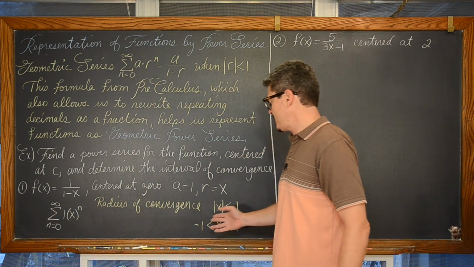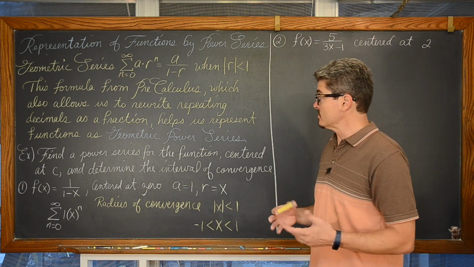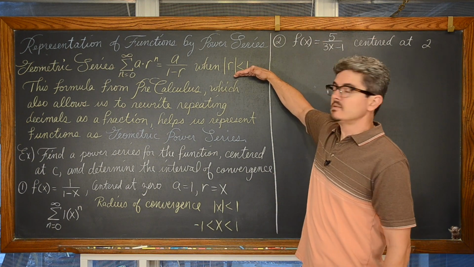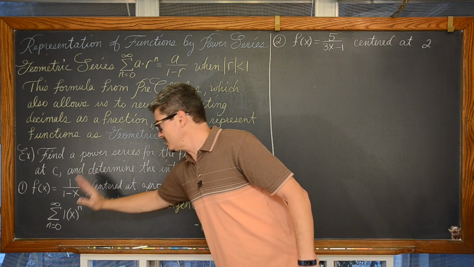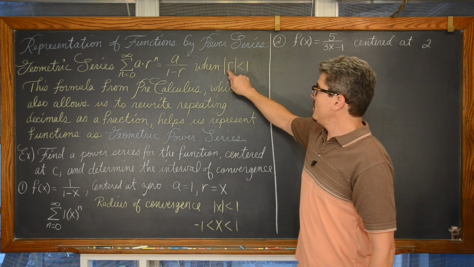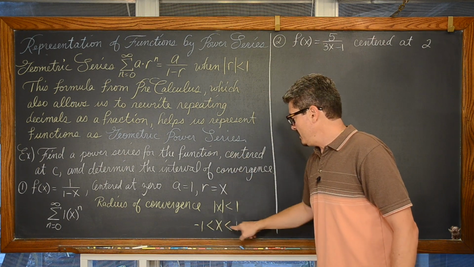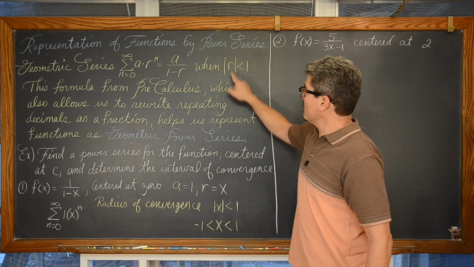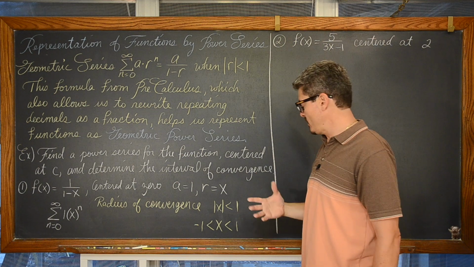Now, we don't need to test the endpoints of this radius of convergence to find the interval of convergence, because we're already given that. We already understand that condition with the geometric series. Once we recognize that this is a geometric series, we know the absolute value of r has to be less than 1. We're not looking for when the absolute value of r is equal to 1. Those endpoints are not going to work.